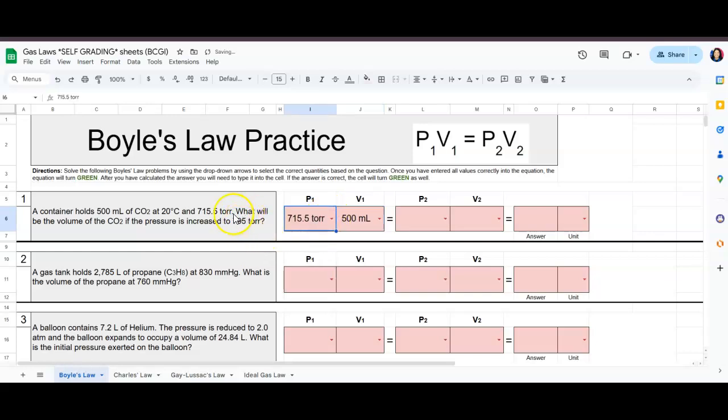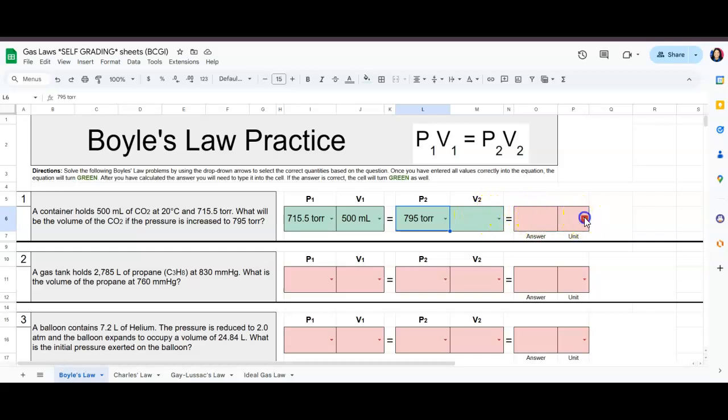Then it says, what will the pressure of the CO2 be if the pressure is increased to 795 torr? So I know that's my second pressure being listed, so this is set up so I know that this part of the equation is correct.